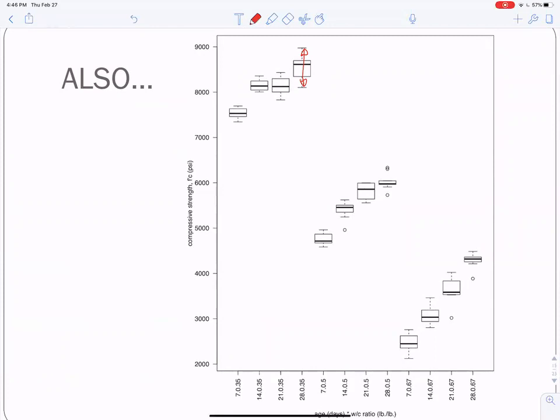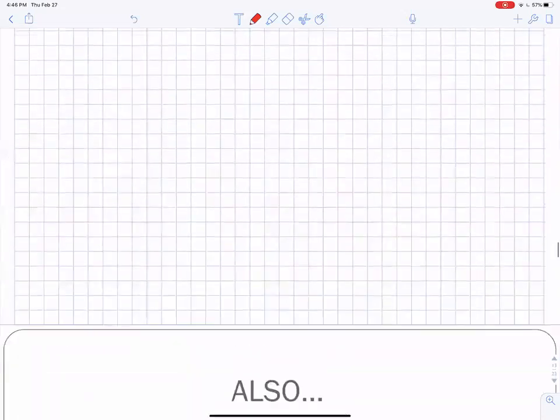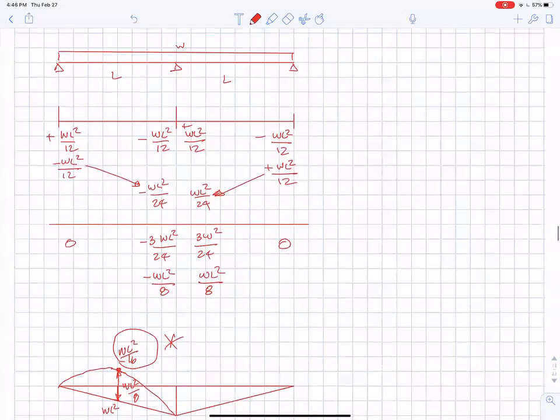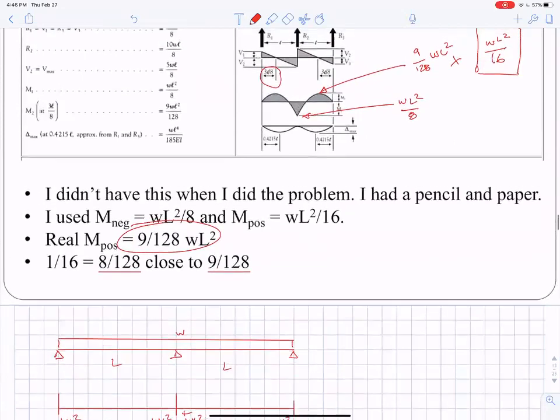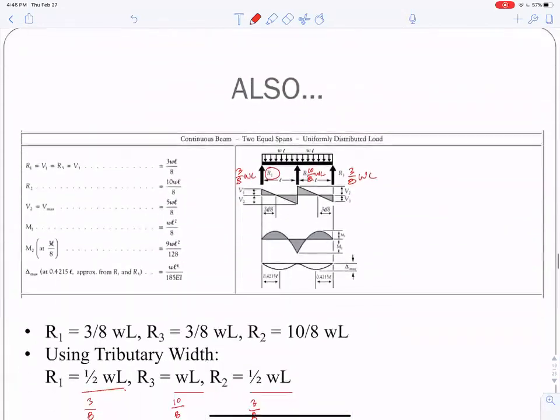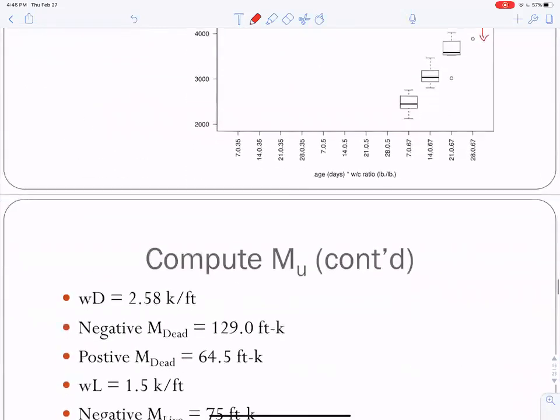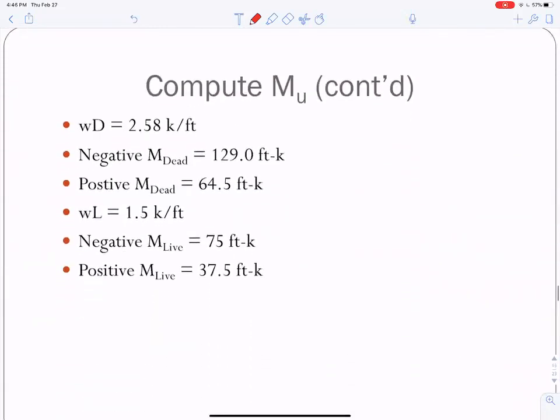That's like, I don't know, 750 PSI range, right? 700 to 800 PSI range in the compressive strength. I am not gonna worry about using 1/16 instead of 9/128. And I didn't want to redo all these slides. So I'm going to continue.